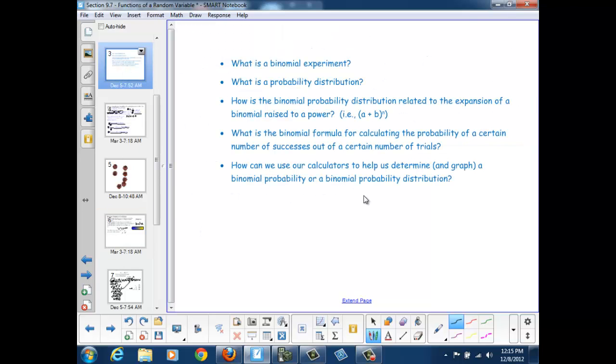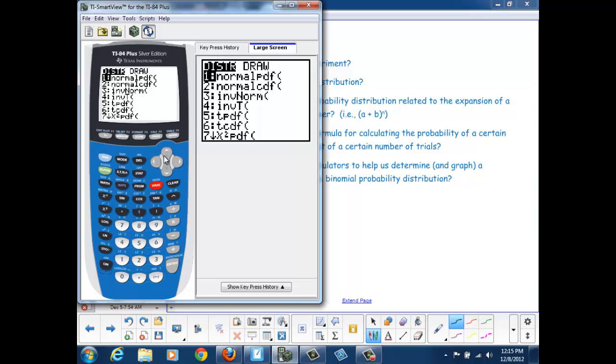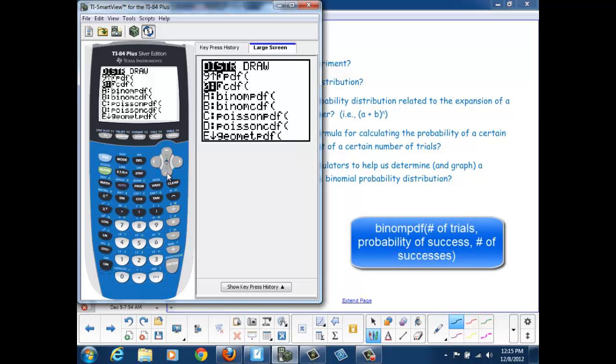How can we use our calculators to help us determine and graph a binomial probability or a binomial probability distribution? Well, there we saw that the binom PDF command occurs in the distribution menu, or second vars, as option A. And the notation for the binom PDF command is the number of trials, comma, the probability of success, comma, the number of successes.